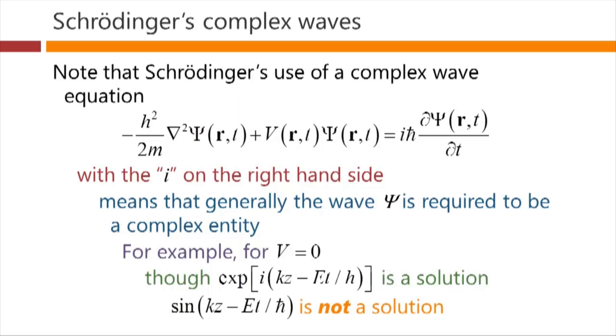For the classical wave equation, this could be a solution and this could be a solution. But in this case of Schrödinger's equation, because he's made this introduction of a complex number, the imaginary number i on the right, although the complex wave is a solution, a corresponding simple real wave is not a solution of the equation.